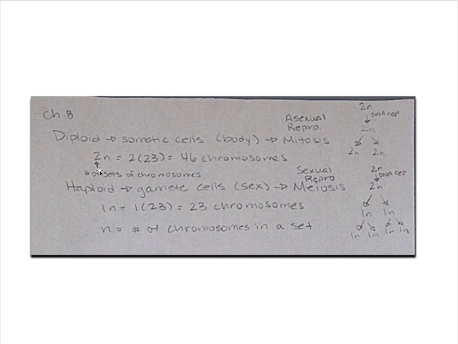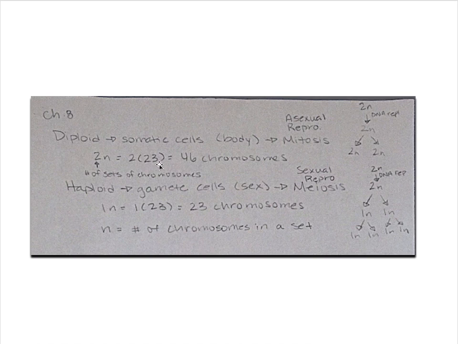The 2 represents the number of sets of chromosomes. So there are 2 sets of chromosomes in a diploid cell. And the N represents the number of chromosomes in that set. So for us humans, we have 23 chromosomes in each set, but we have 2 sets of chromosomes.